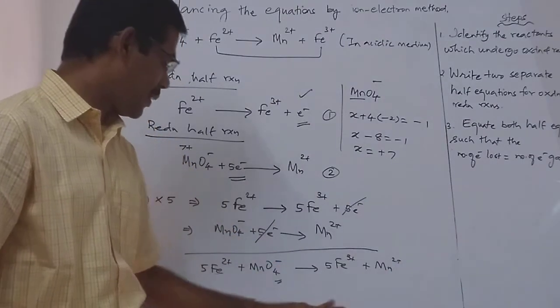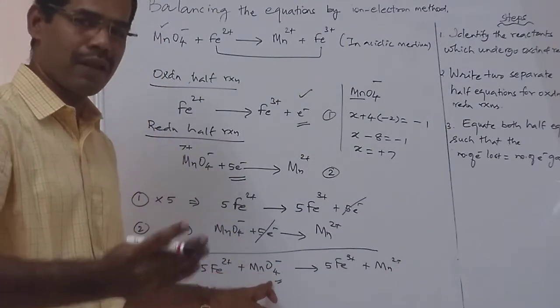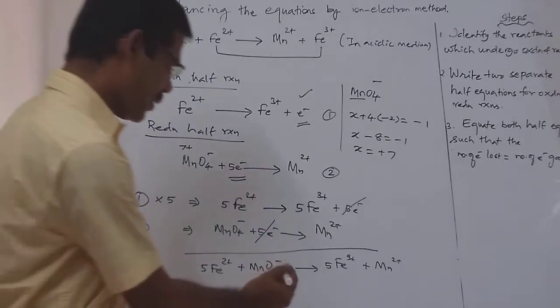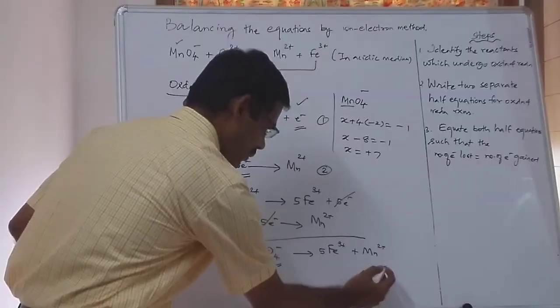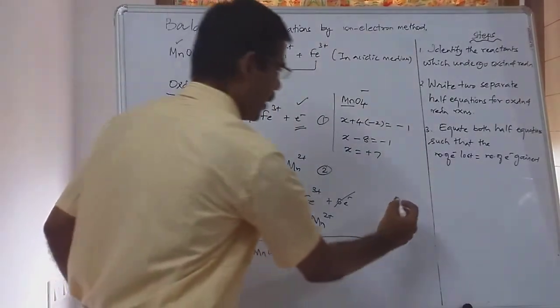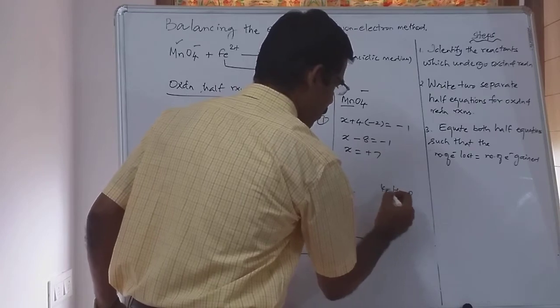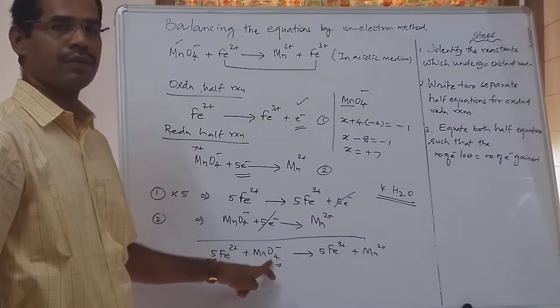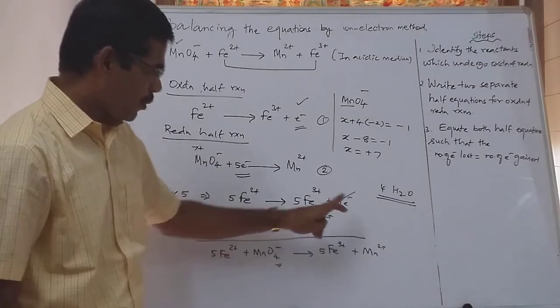So to make the number of oxygen equal, one important addition we have to make here. What we have to do is, you see, I am adding 4 water molecules on the right side. That is, we have to add H2O. If we add 4 water molecules, we get 4 oxygen atoms, which will be equal to this 4. So in the product side, I am adding 4.